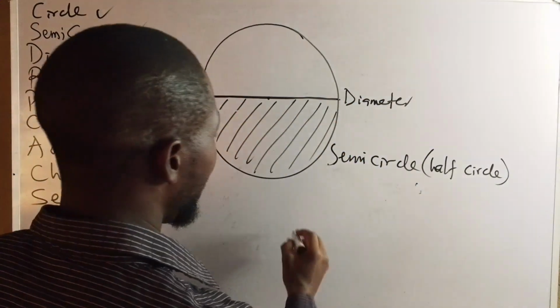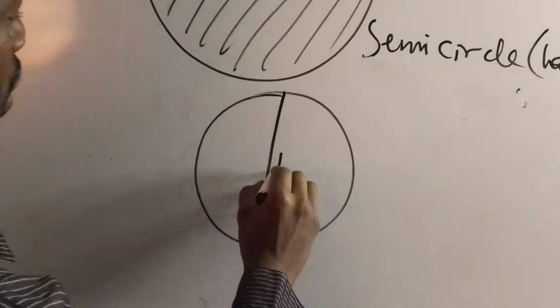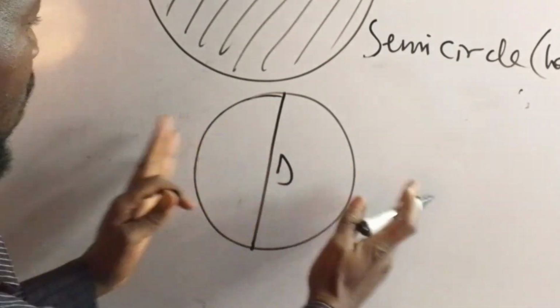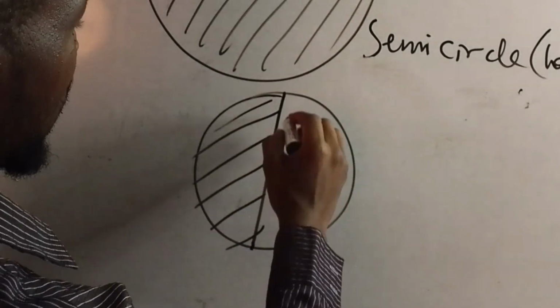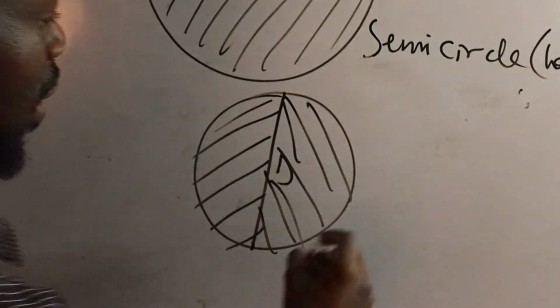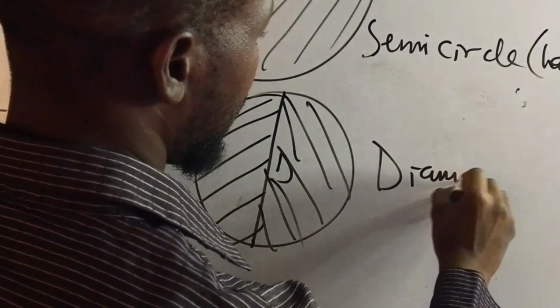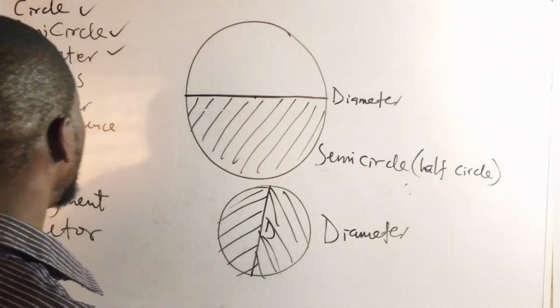For example, if I have another circle like this, this can still be my diameter, D, which means this is the line that divides it into two semicircles. This side, a semicircle, this side, a semicircle. All right, so that's that about diameter.